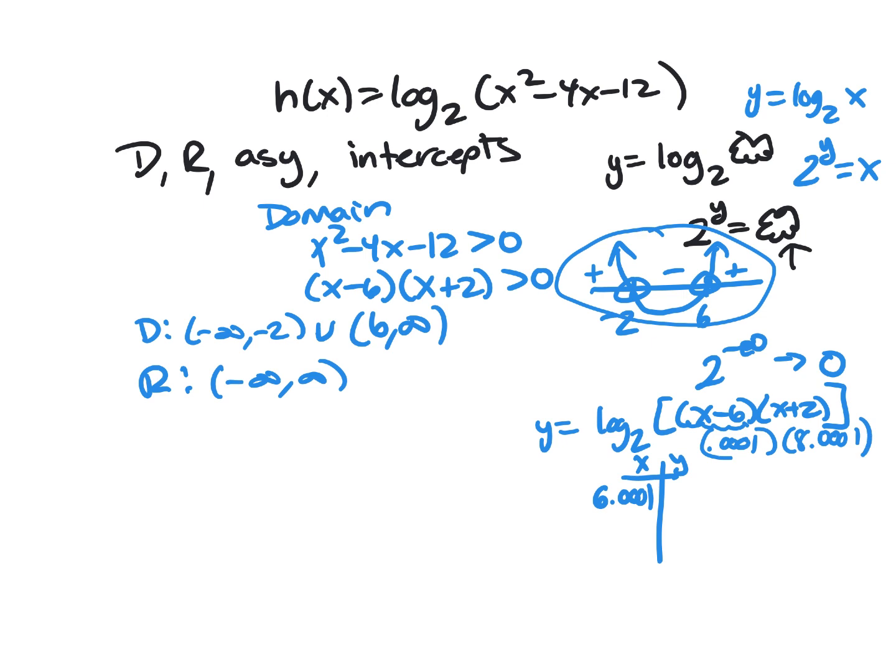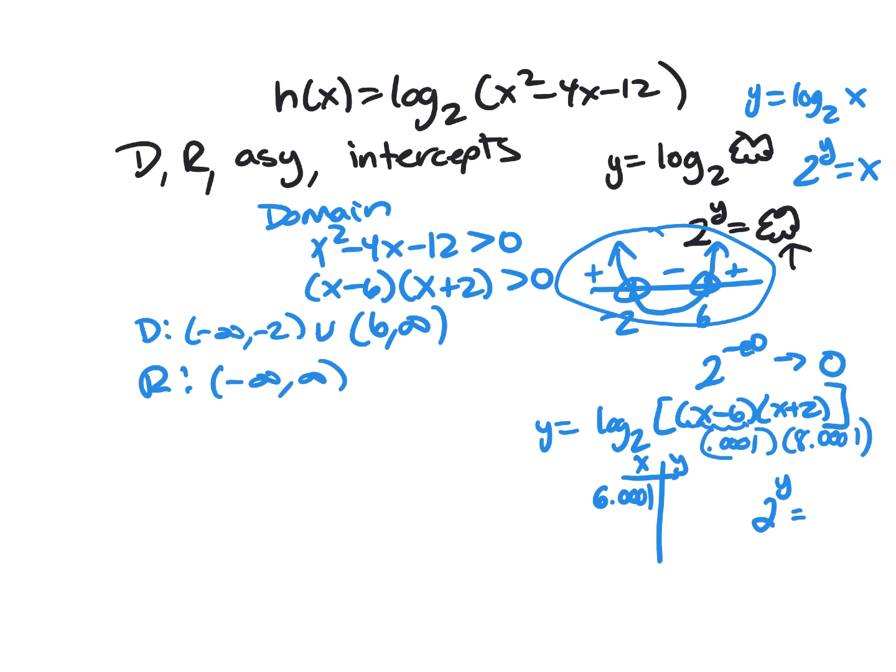Multiplying these two together gives a pretty tiny value. And 2 to what gives a pretty tiny value? Something decently negative. That's how you can think about it if you want to guess and check. But the key is understanding that you get towards negative infinity, or it could be positive infinity depending on the base, but more on that later, when the inside of the log can get infinitely close to 0, which is the case here. All right, that was a long explanation of why the range is all reals.